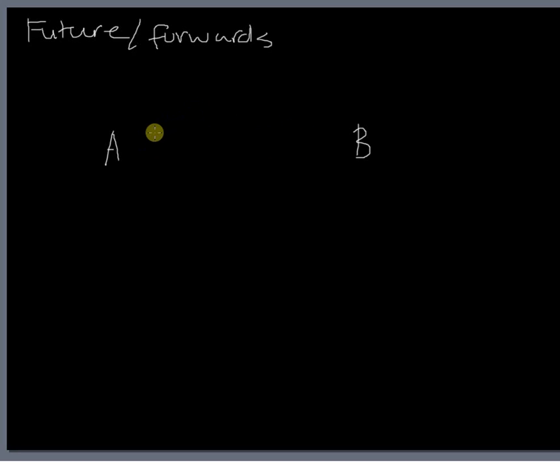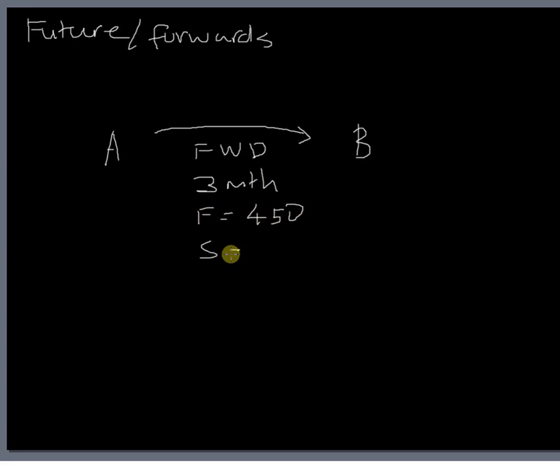So A and B enter into a forward transaction, which matures in 3 months, and the forward rate, as we mentioned just now, is 450. The current spot price now is 400.